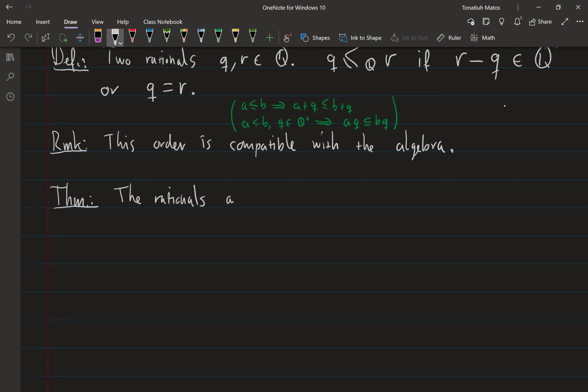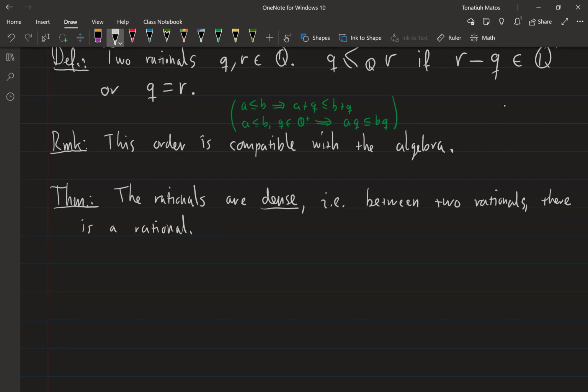The rationals are dense, and I haven't defined dense, but I will do it inside the theorem because I don't think we will mention this anywhere else except for the real numbers. Between two rationals, there is a rational.